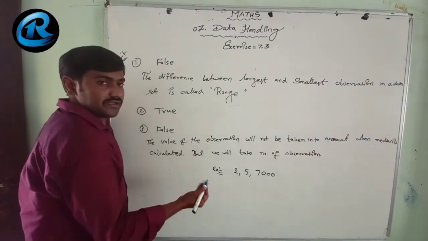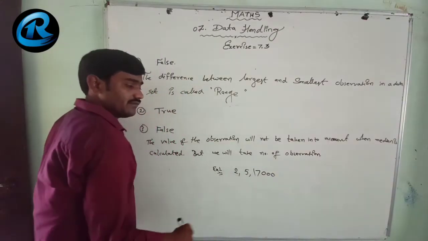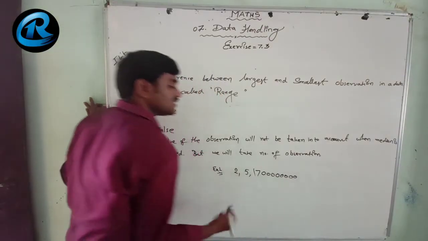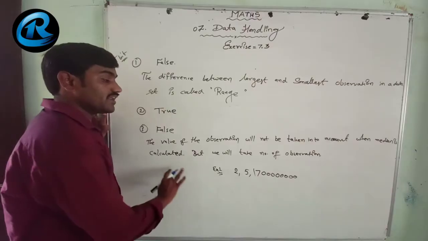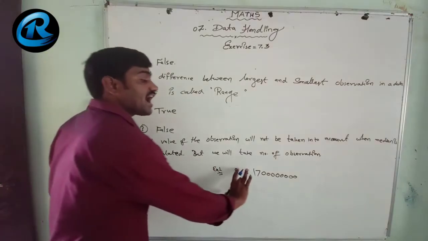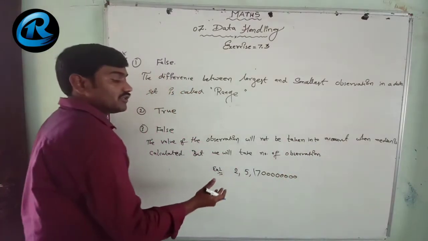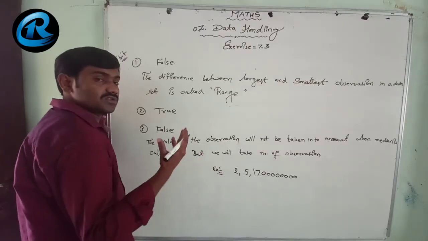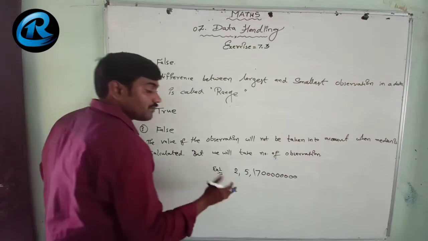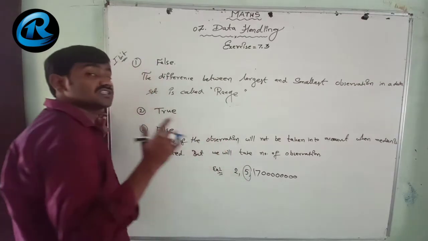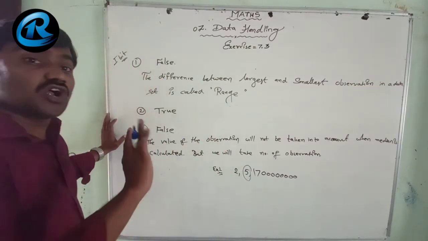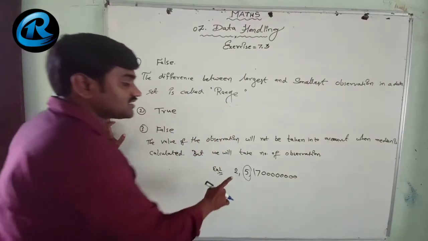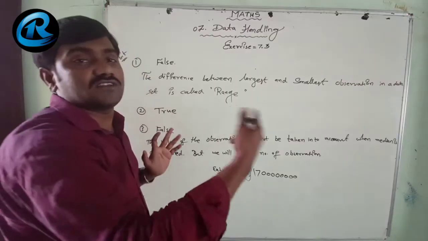It is still 5. See, the median does not depend on the value of the observations. Even as the values increase to 70, 170, 1,70,000, the median does not change. It only depends on how many observations there are.